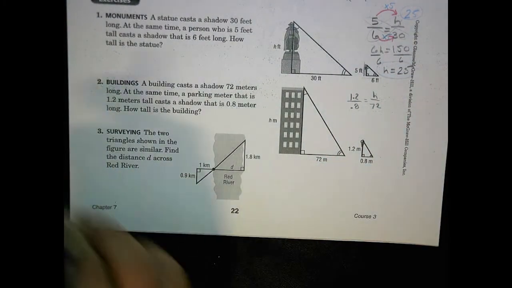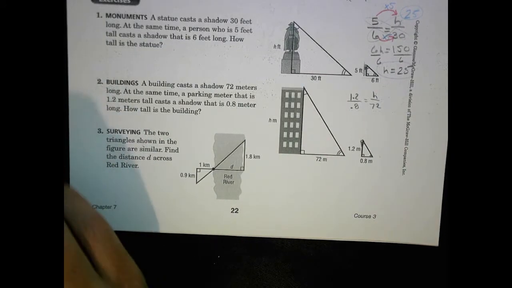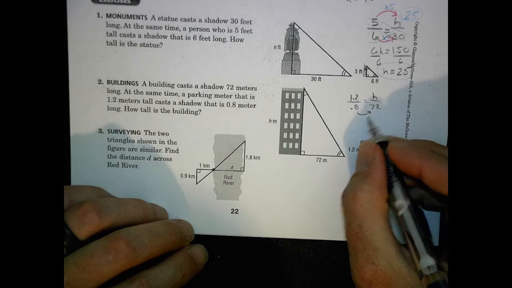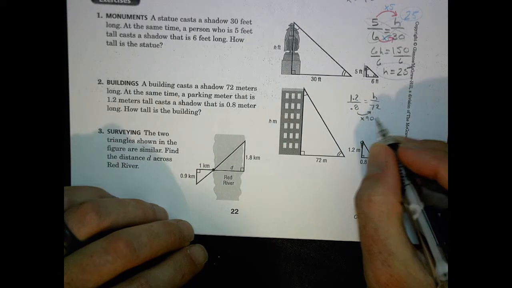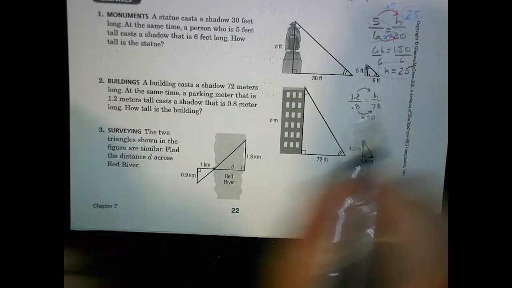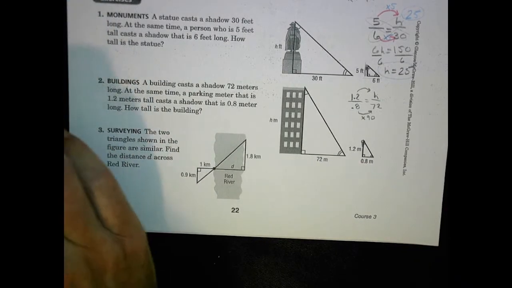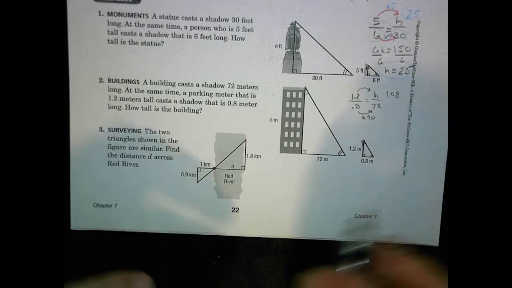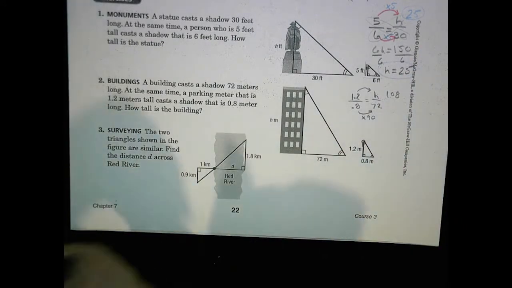So if I had to guess, 0.8 times 90 equals 72. To go from there to there, I'm multiplying by 90. If I multiply 1.2 by 90, I end up with 108. So without doing any cross products officially, I have 108 as an answer.